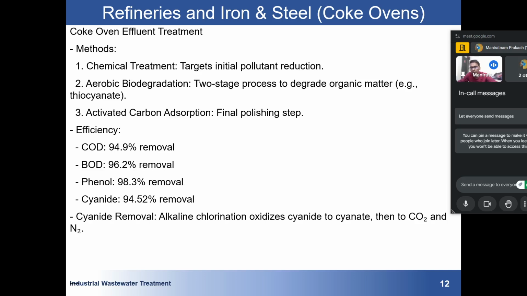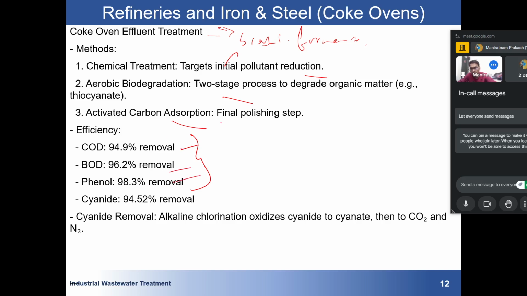Then we have the coke oven, which is like a blast furnace. Chemical treatment for initial target pollutant reduction, anaerobic biodegradation happens here. Some adsorption also happens, and finally COD removal, BOD removal, and phenol removal.